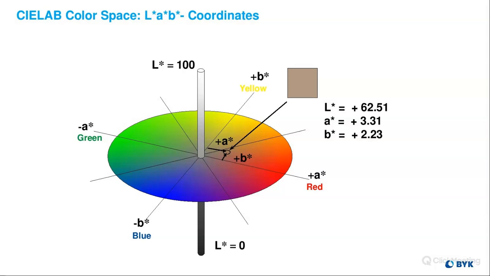So the A value, if you look at the plot on the screen, positive A would be red, negative A would be green. And then for the B value, positive B would be yellow, and negative B would be blue. So for this example, you're getting a tan color because you're positive red and you have some yellow. So that's giving you the tan color.